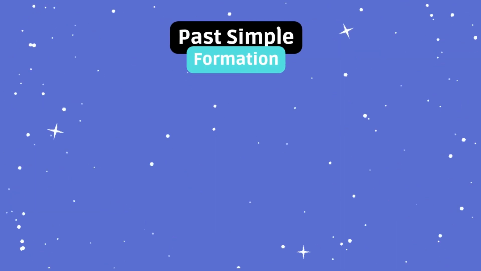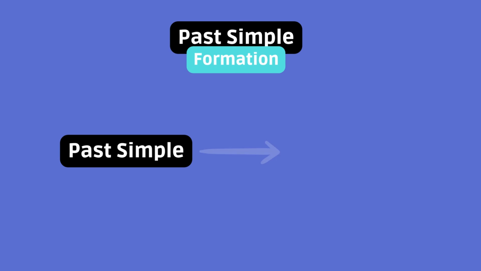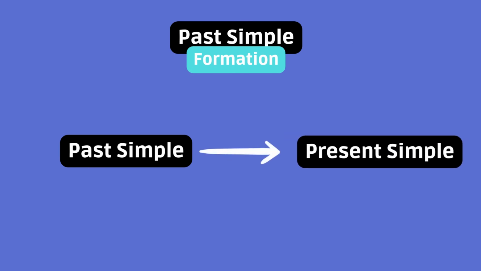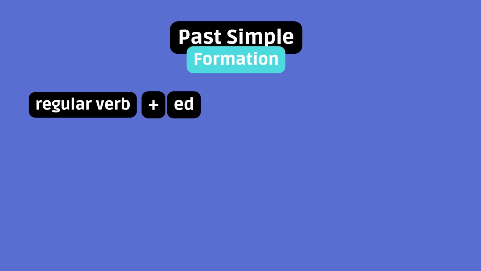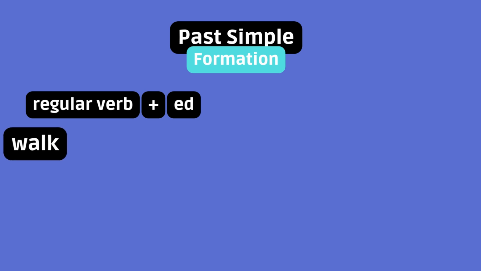Quick recap. First, the past simple is the past of the present simple. It's a single word verb where we often add ed to regular verbs. For instance, walk becomes walked.